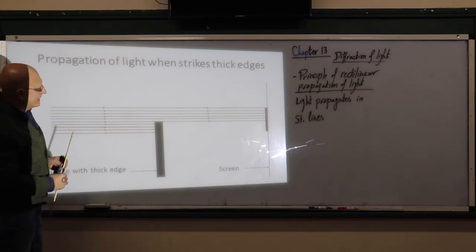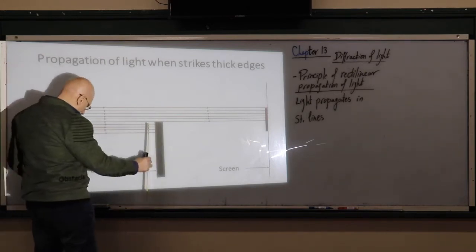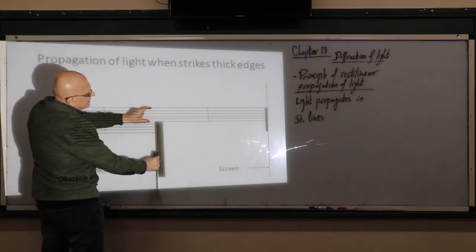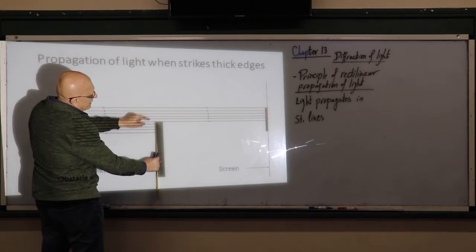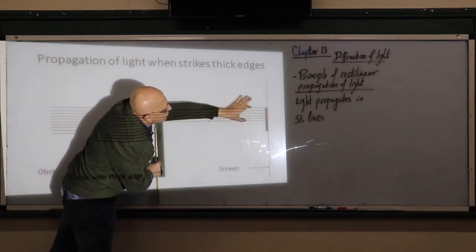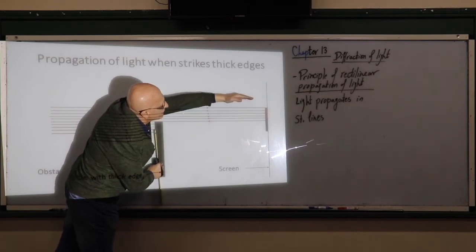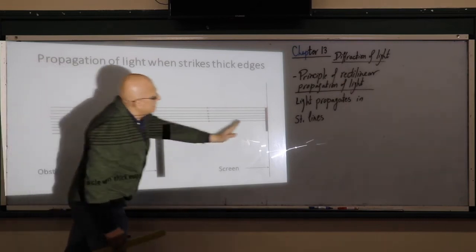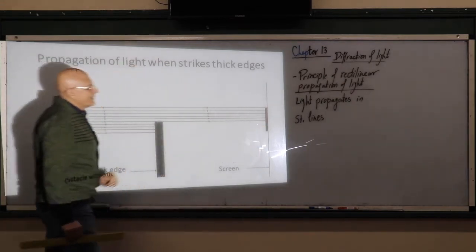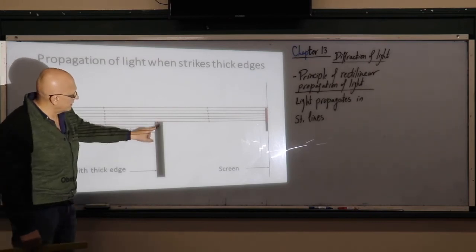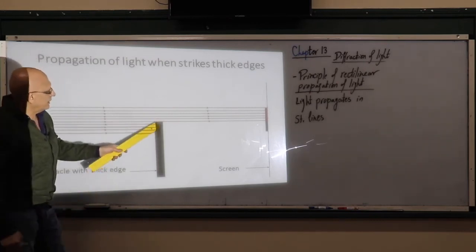From here on, because light propagates in a straight line, especially at the edge, you get a spot of the laser light. From here and on, you will see a dark region because the rays are blocked by the obstacle here.